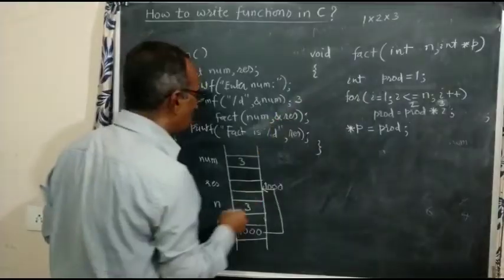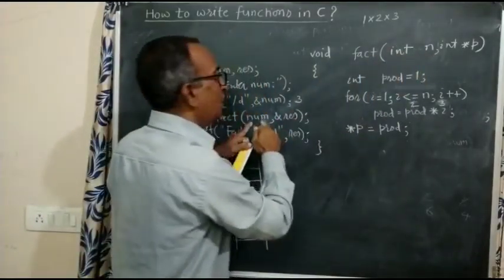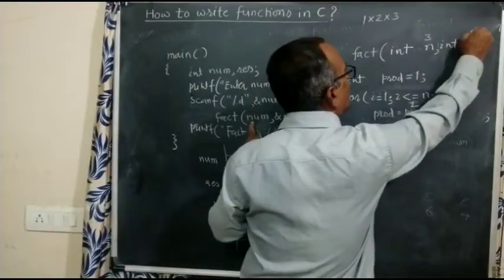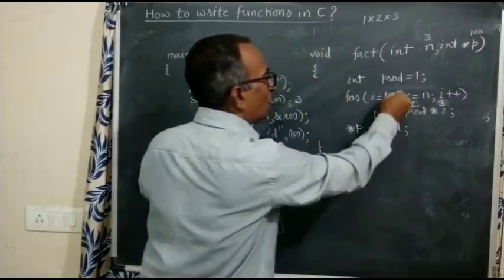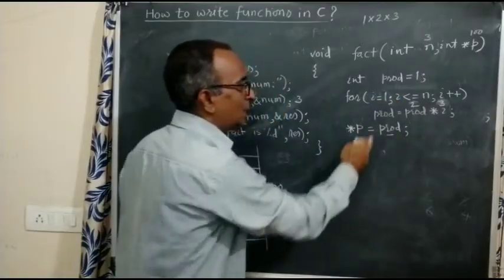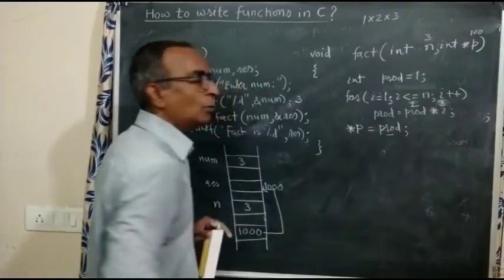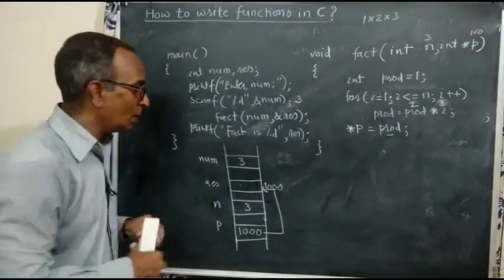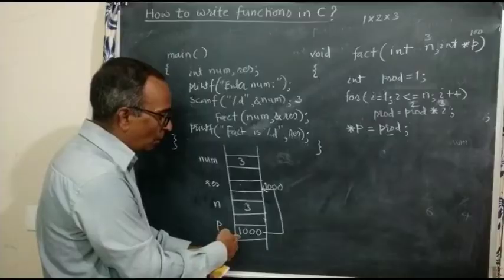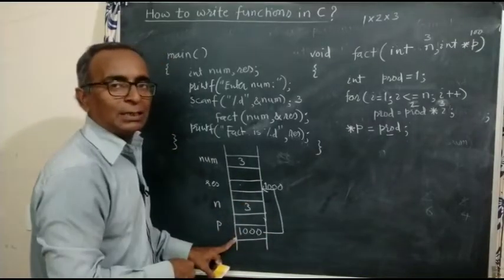So in this case, what is happening? n is copied, 3 will be copied here, 1000 will be copied here, product is initialized to 1, this will be calculated. Now see here, 6 will be calculated by this. 6 is given to star P. Means what? Wherever P is pointing, that memory location you are changing.